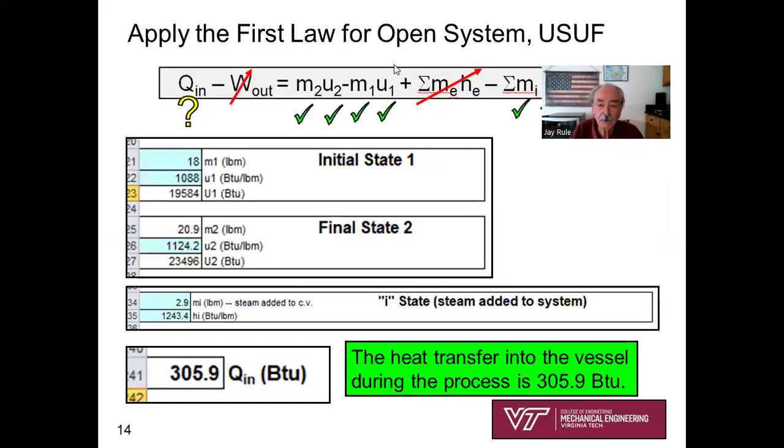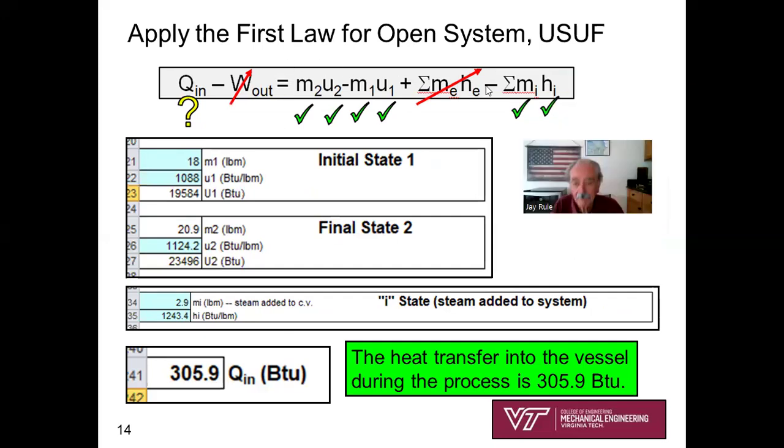All right, so we're going to apply the first law to solve for our heat transfer. So Q in, that's what we're looking for. W out, 0. m2, u2, both are now known. m1, u1, both are known. m leaving, nothing is leaving, so scratch that out. m in was given, and h in we just found.